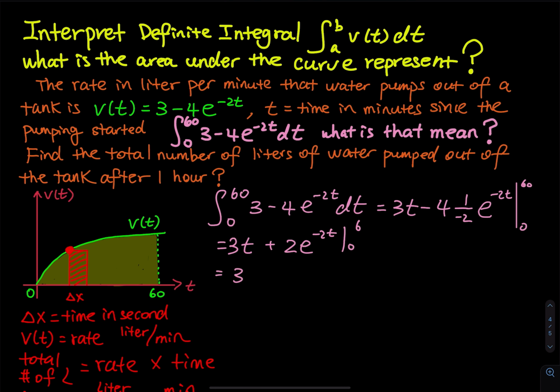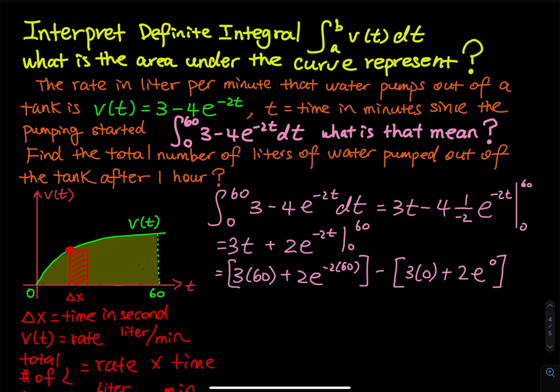You have 3 times 60, plus 2e^(-2 times 60), this is the upper limit, minus the lower limit, 3 times 0 plus 2e^0. What does that equal? This equals 180 plus e^(-120), which is about 0, and then e^0 is 1, so you subtract 2. So this equals 178 liters.